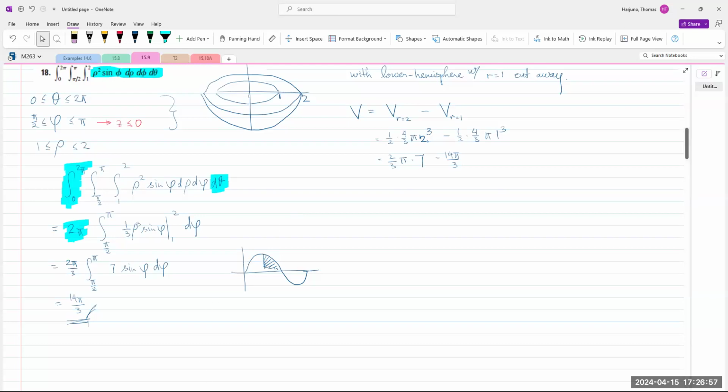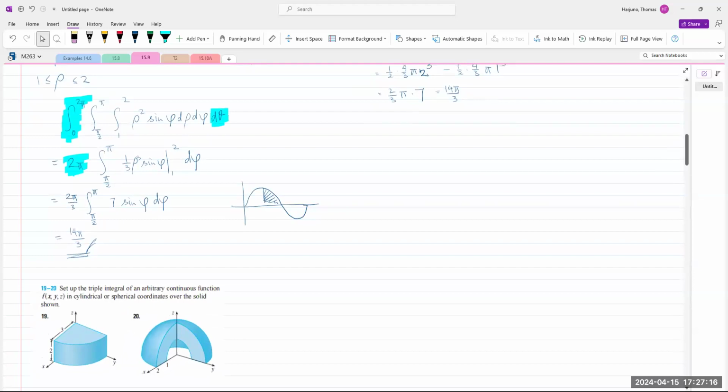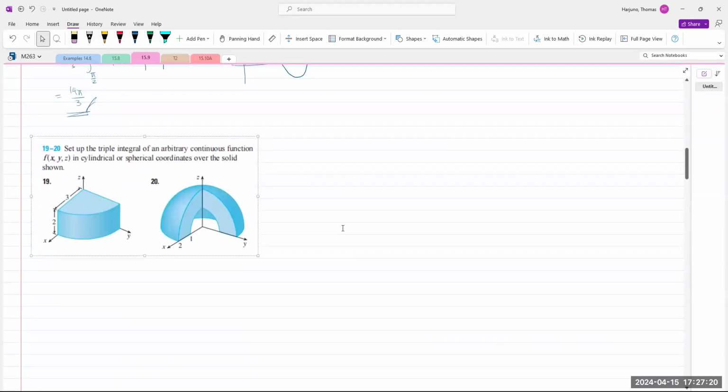Okay, that's for number 18. Let's see more. How to set up integral, maybe number 20. Set up the triple integral of an arbitrary continuous function f(x, y, z) in cylindrical or in spherical coordinates over the solid shown.